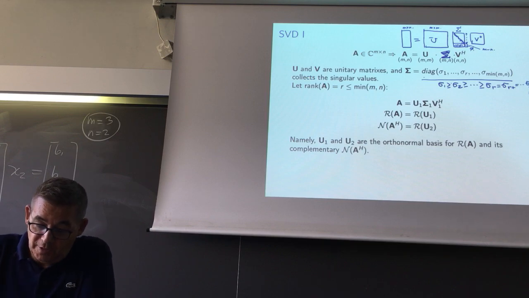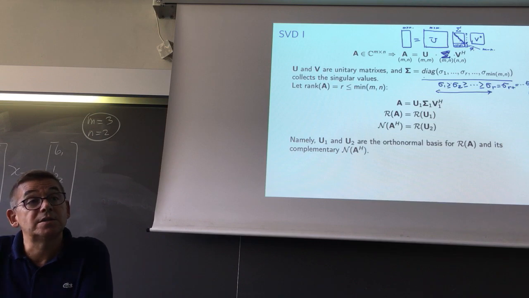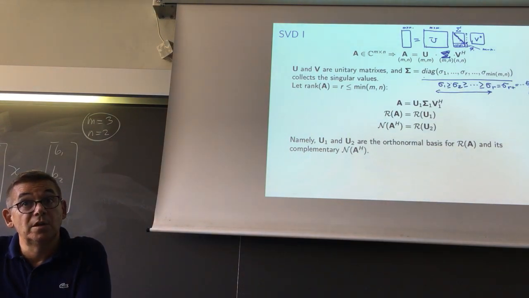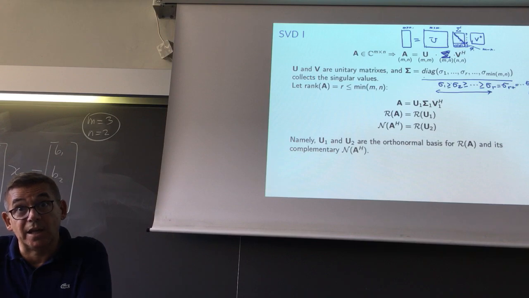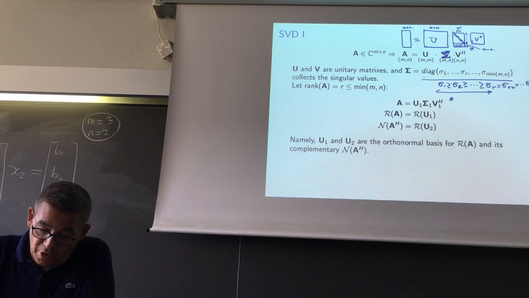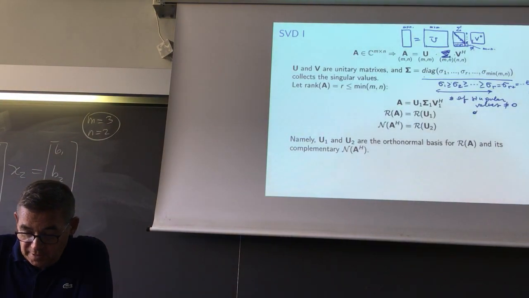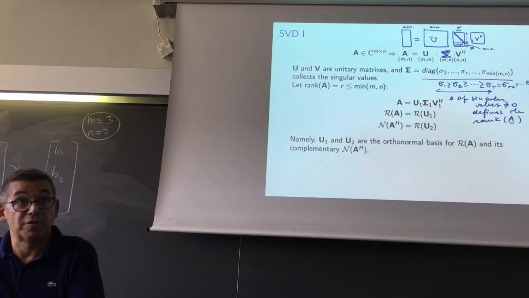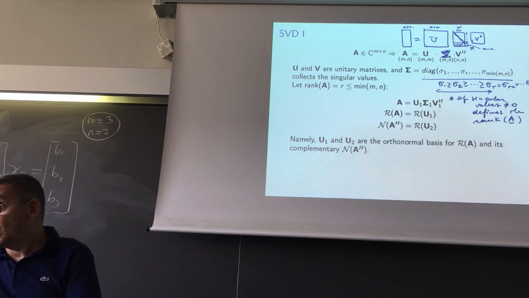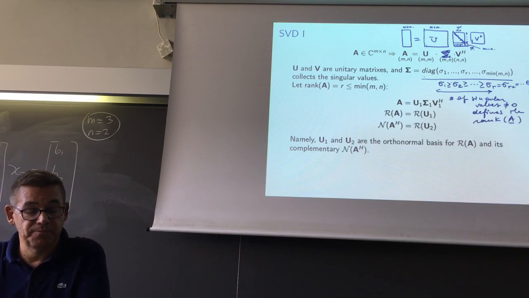So if the first r singular values are different from 0, the matrix A has rank r. The number of singular values different from 0 defines the rank of the matrix A, which means it defines the dimensions of the subspace.